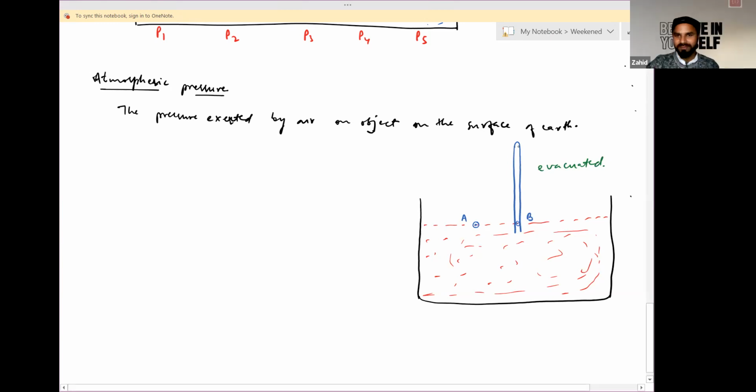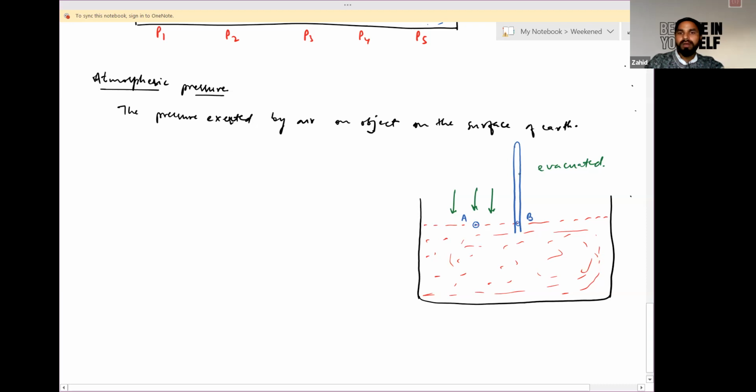Now suppose if this particular tube is shifted slightly to this point, position A, so how will pressure at point A and B be related? Are they become equal? You'll say, since at point A, there is pressure due to air like this. But in this point B, which is inside this particular capillary tube, which is evacuated, means there is no air inside it.